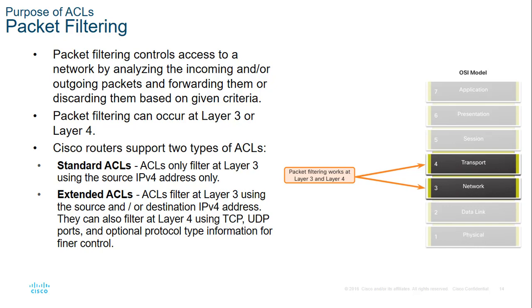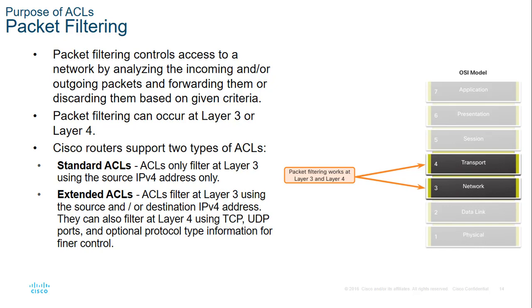Standard ACLs can only filter at layer 3 using the source IPv4 address only, whereas an extended ACL filters at layer 3 using the source and/or destination IPv4 addresses. They can also filter at layer 4 using the TCP or UDP ports and any other optional information for finer control.